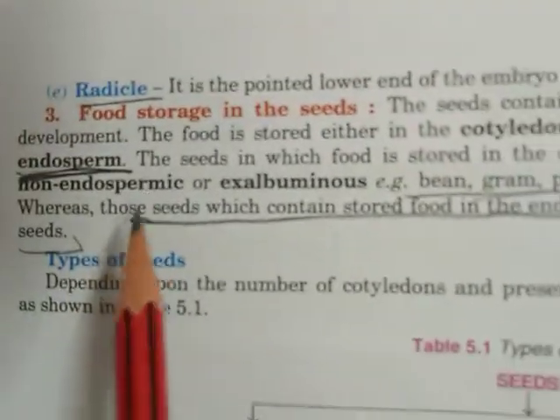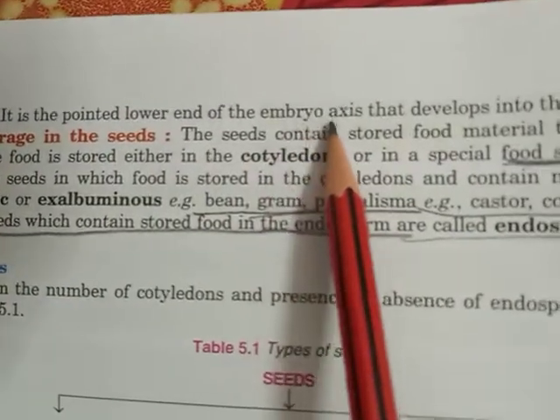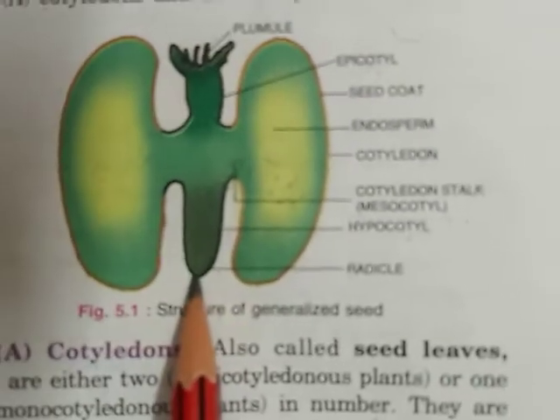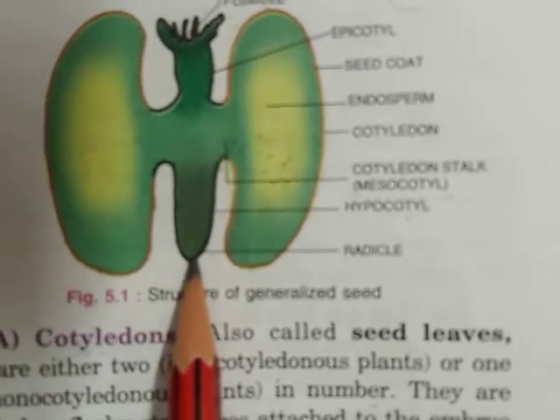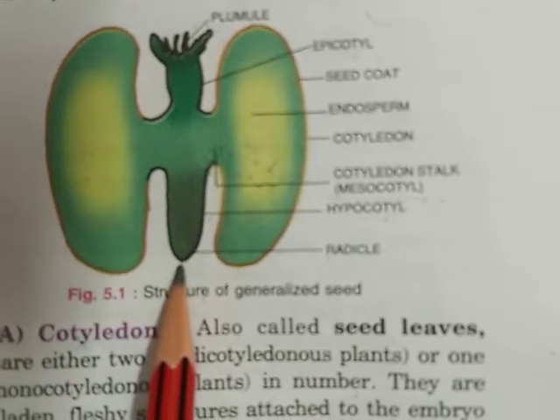Now about the radicle. It is the pointed lower end of the embryo axis that develops into the root system of a plant. See here, this is the pointed part, known as the radicle, and in the later stages it forms the root system.